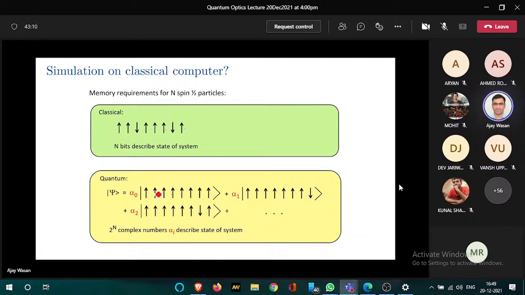Here one is all up, then one down, and this one down, and so on. We can make a superposition of so many states that I am showing here. So basically, 2 to the power n complex numbers alpha describe the state of the system. Just by using 8 spins, we can make 2 to the power 8 states to describe a system.